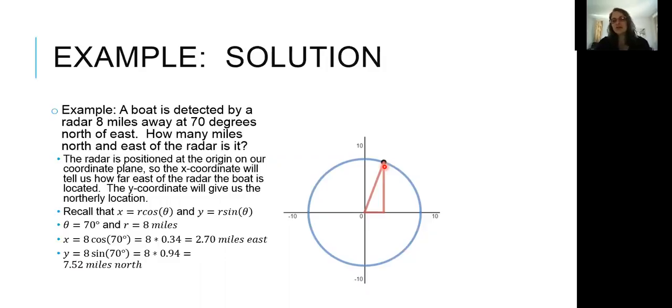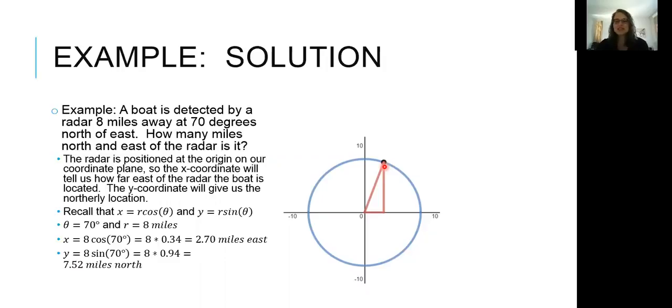You need to know that the x-coordinate of any point on a circle can be found by taking the radius of that circle and multiplying by the cosine of the angle that will form that point on the circle. I hope that makes sense. And you need to know that the y-coordinate is related to the sine of the angle in the same way.